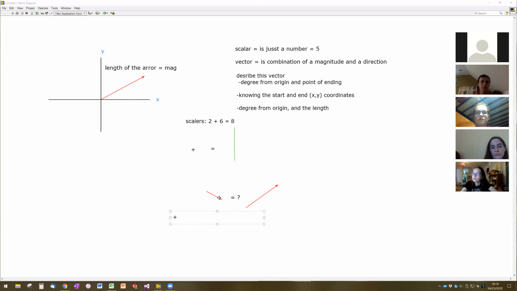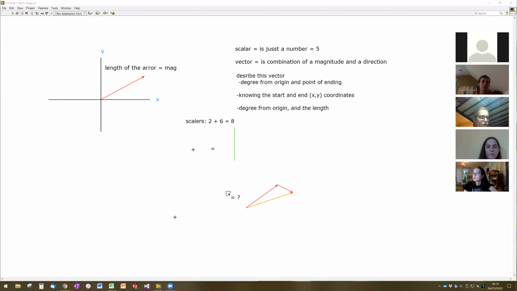If you take them from the end of one to the start of the other one, the resultant vector, and I'll do that in orange, goes from that original tail up to the end of the other one.